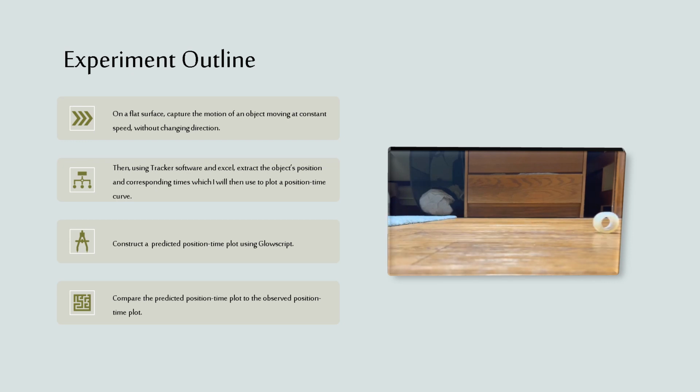Then, using Tracker software and Microsoft Excel, I'm going to extract the object's position and corresponding times, which I will then use to plot a position versus time curve. Then I'm going to construct a predicted position versus time plot using GlowScript. And then finally, I'm going to compare the predicted position versus time plot to the observed position versus time plot to analyze the discrepancies between the two.